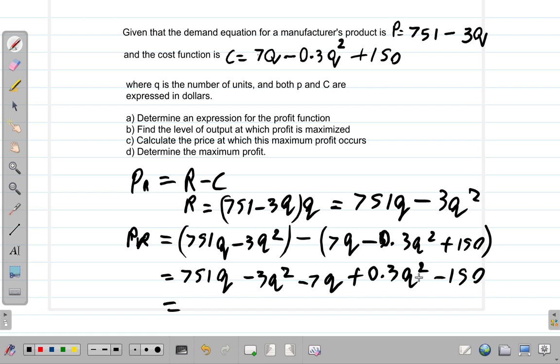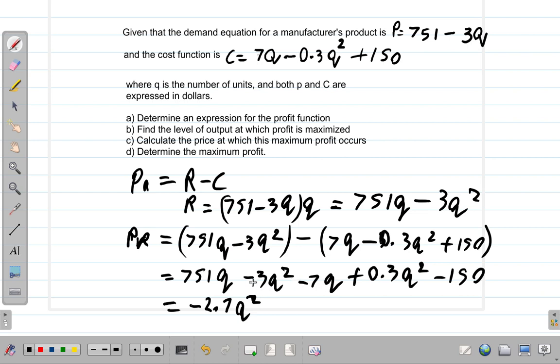Putting like terms together, we have negative 3Q squared plus 0.3Q squared, which is negative 2.7Q squared.